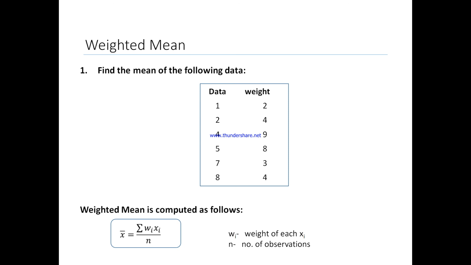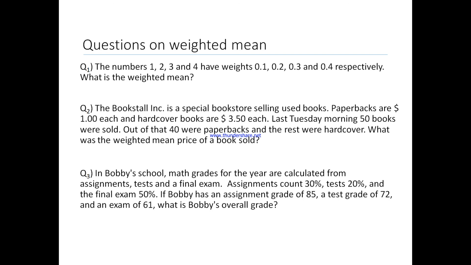Sometimes we take 20% from the mid, 10% from the continuous assessment, and 70% from the final. So for each and every component you have a percentage. We call it the weight. If you are given the weight for each component, you can multiply each component by its weight and divide by the number of observations to calculate the weighted mean.